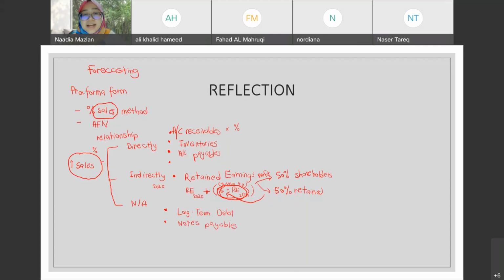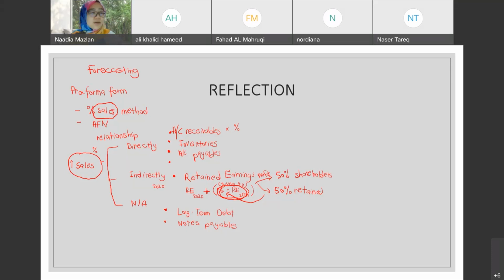Indirectly? No, common stock is not. But that's a good guess. This common stock is under shareholders' equity. It's a good guess, though.